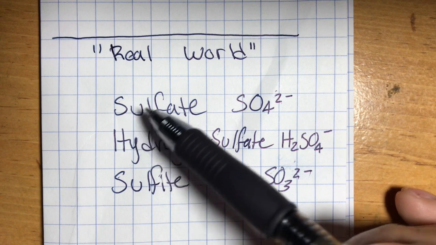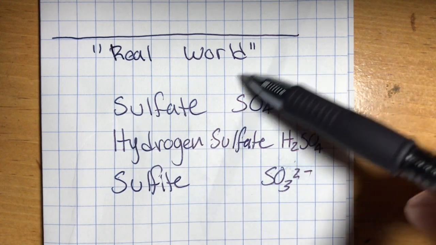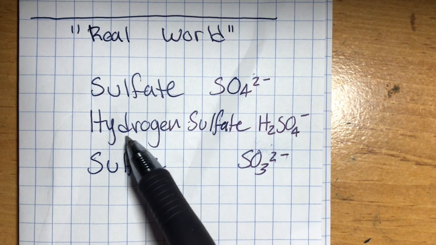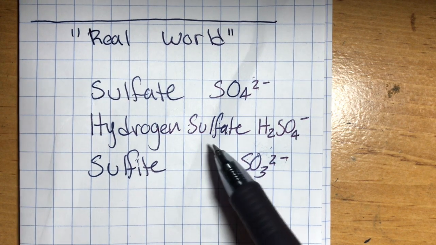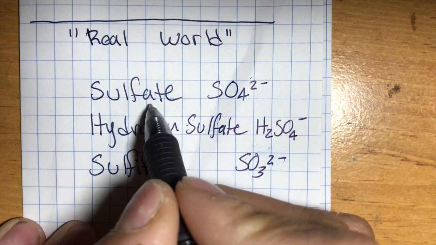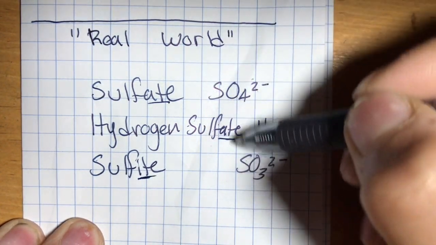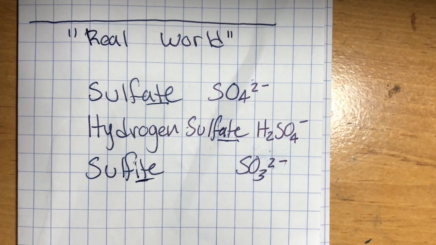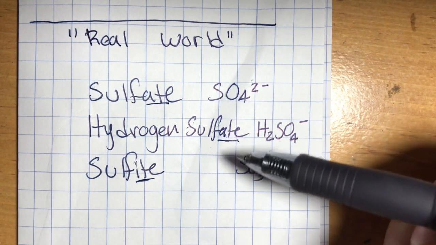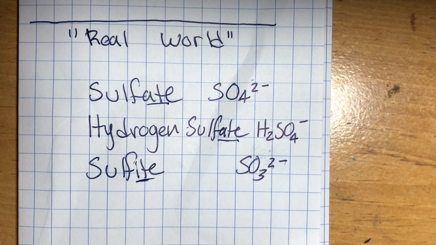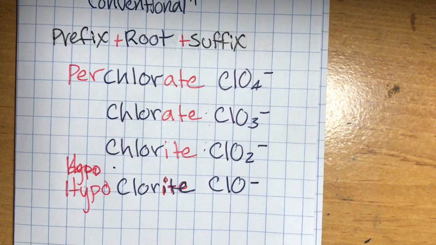As an example, sulfate has 4 oxygen, but then you have something funny like hydrogen sulfate, and notice here, ate, ate, and ite. Most of the polyatomic ions on her list end with ate. There are about 2 or 3, maybe 4 that end with ite. So this is not going to help out at all.